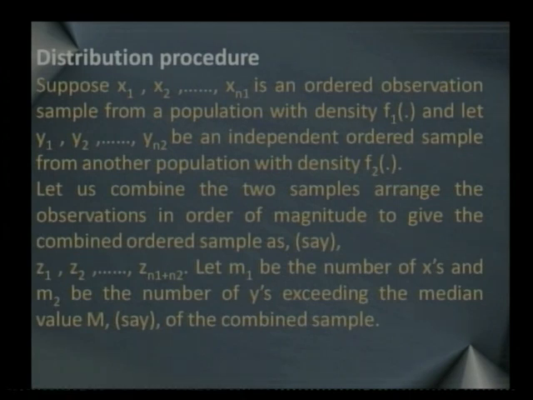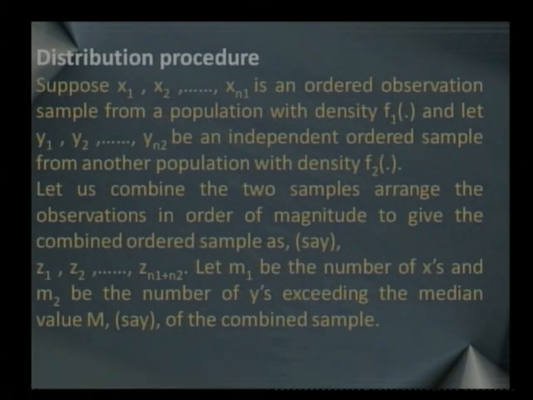Here we have applied the principle of order statistics, ordering the observations, and hence we get z1, z2 up to z(n1 plus n2).